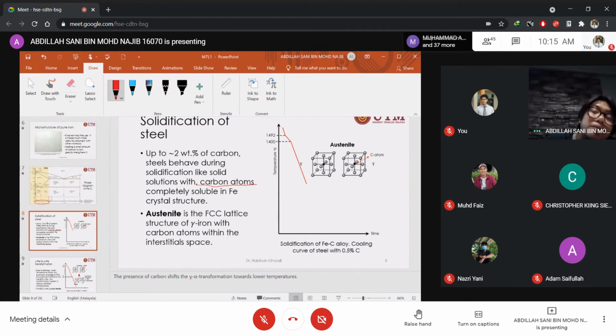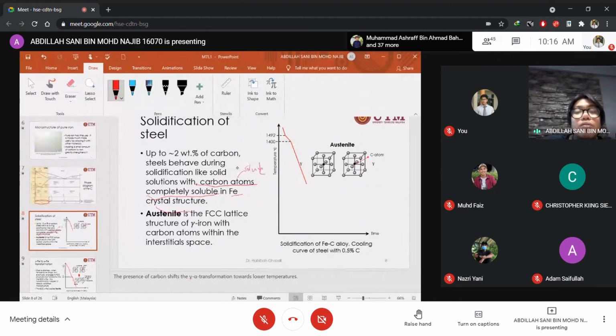Up to 2% of carbon still behaves like a solid solution. Carbon atoms are completely soluble in the Fe crystal structure. This is the solute, this is the solvent, so they become a solid solution.